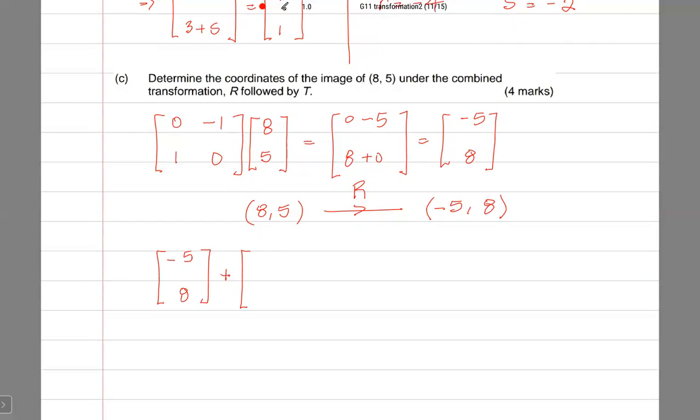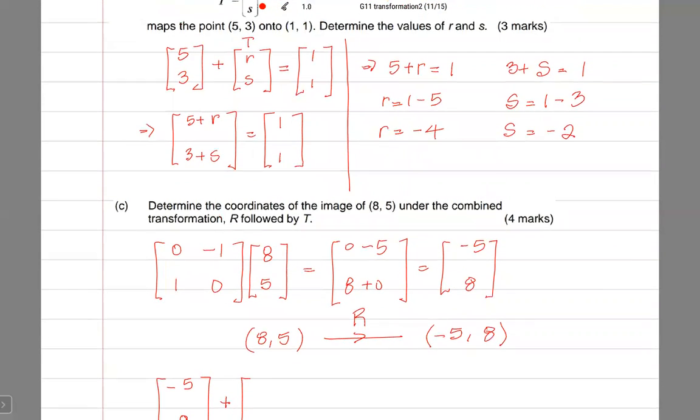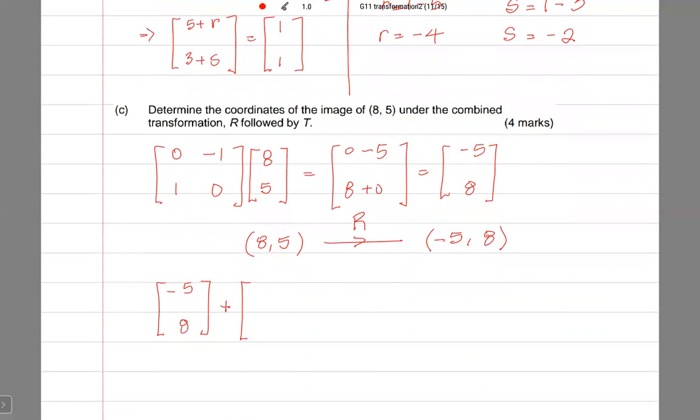And the translation is minus 4, minus 2. So this becomes minus 5 minus 4, and 8 minus 2.